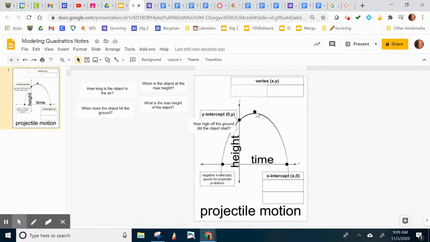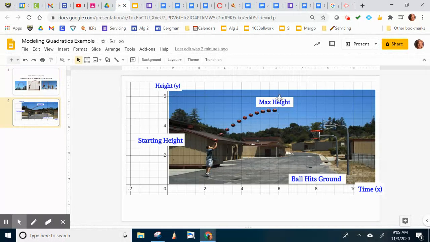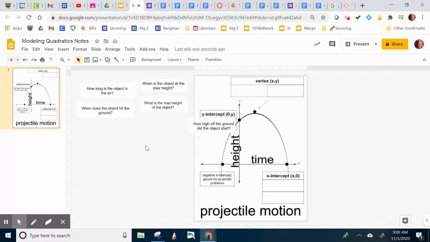Let's take a look at our vertex. So this is the vertex, and I'm going to actually put an arrow in there for the vertex. It's that point. It's where that curve is on our graph. So the vertex is going to have an x and a y value because it's a coordinate, just like all of our other points. We already looked at this graph, and we saw that this was our max height up here, the maximum height our parabola will have.